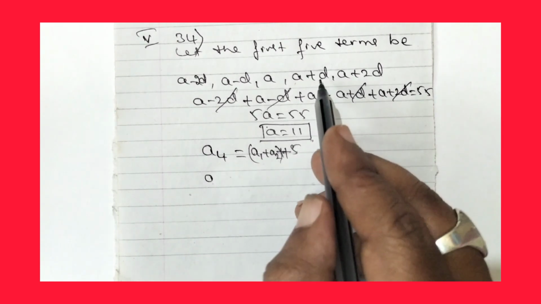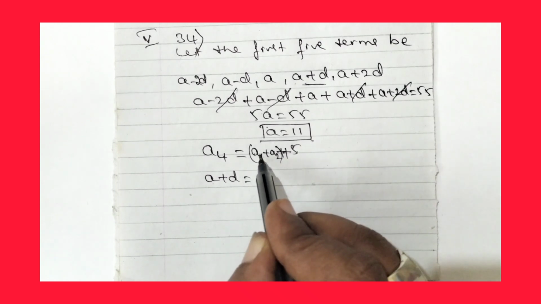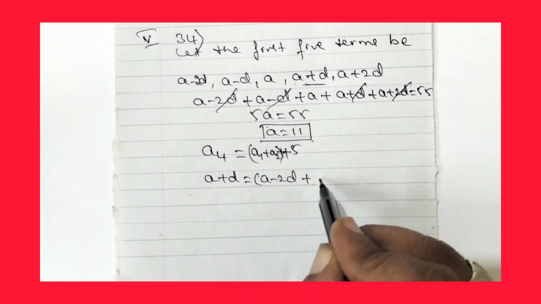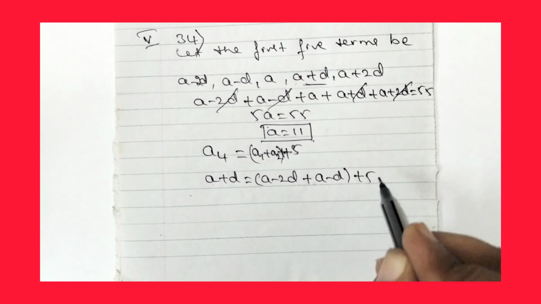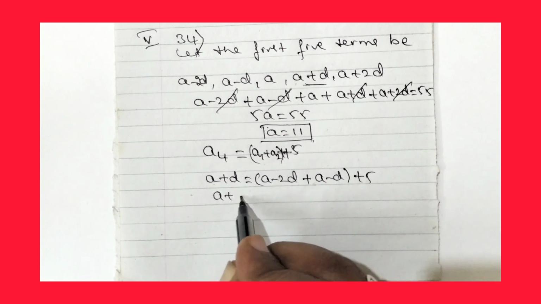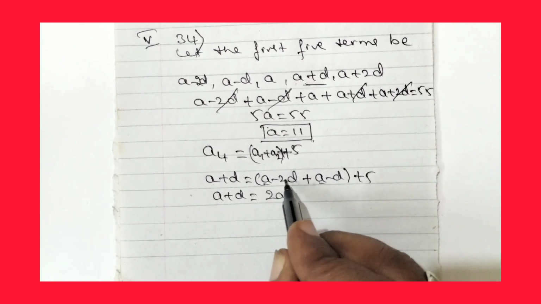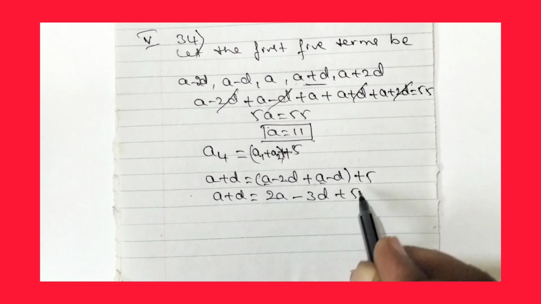What is a4? a4 is a plus d. What is a1? a minus 2d. What is a2? a minus d. Plus 5. So a plus d is equal to a plus a become 2a, minus 2d minus 1d become minus 3d, plus 5.